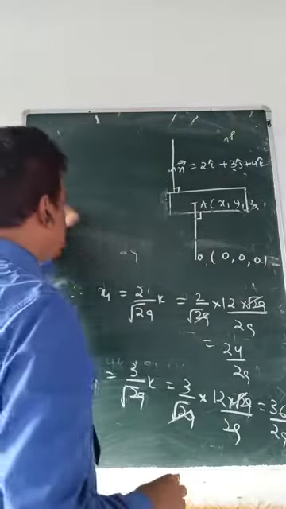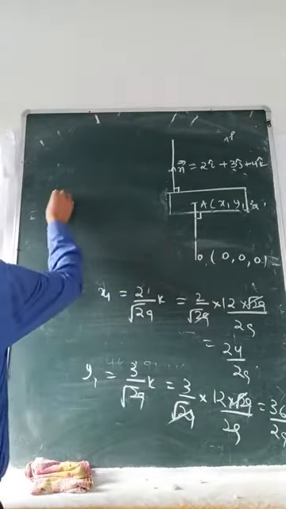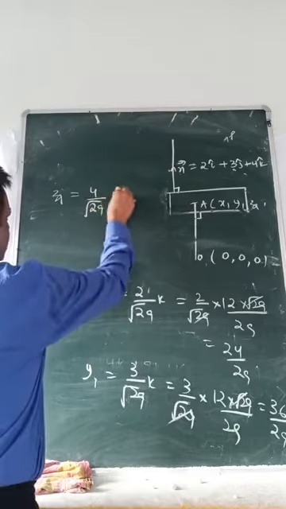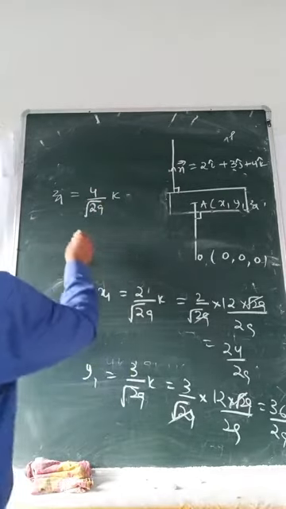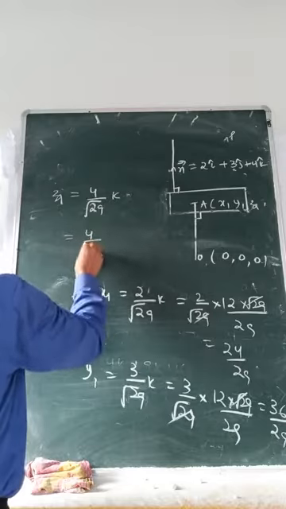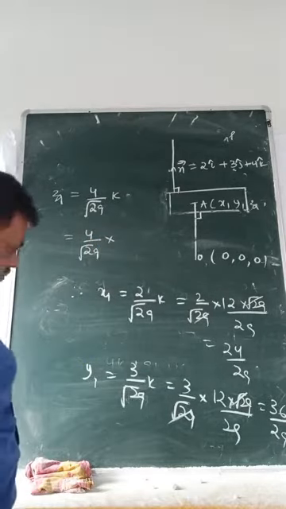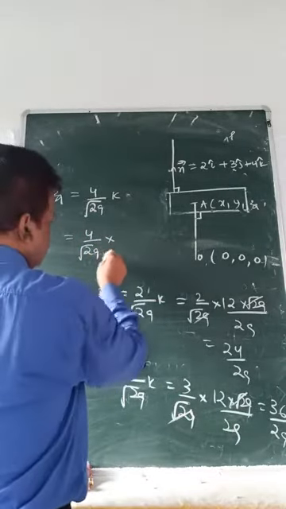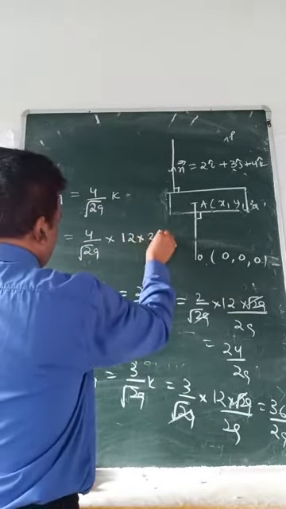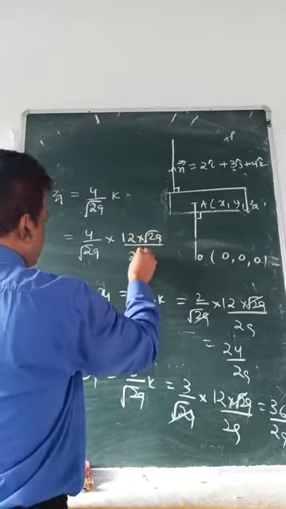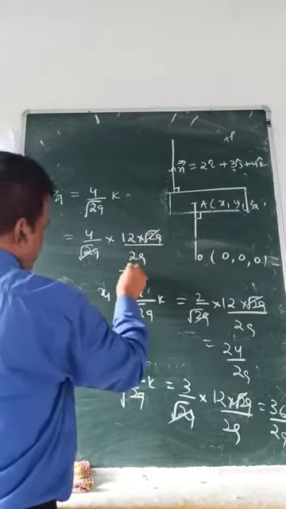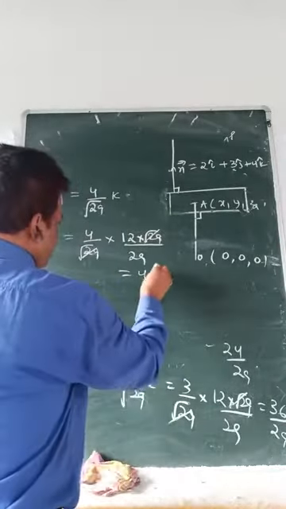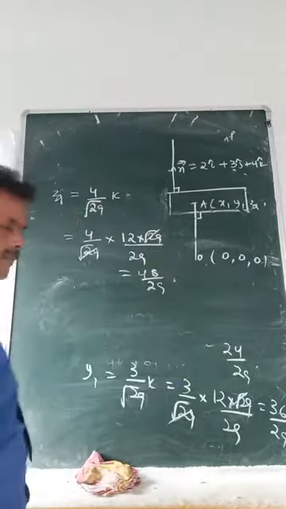z1 is 4 by root 29 into k. So 4 by root 29 into k, that is 12 root 29 by 29, cancelled, 48 by 29.